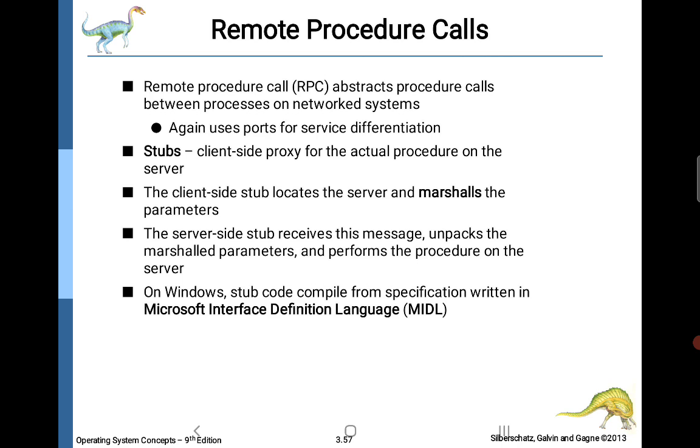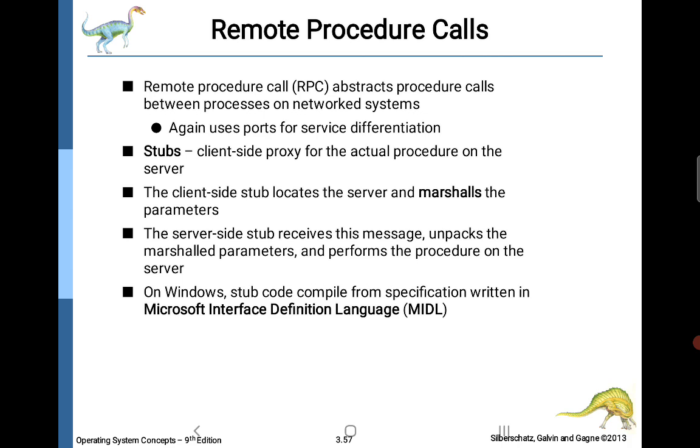The server has a step also. The step of the server will receive the message, unpack the marshaled parameters, and perform the procedure on behalf of the client. Then it will take the results and send them back to the client.